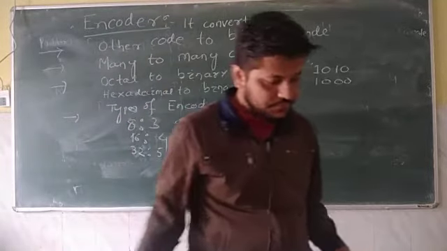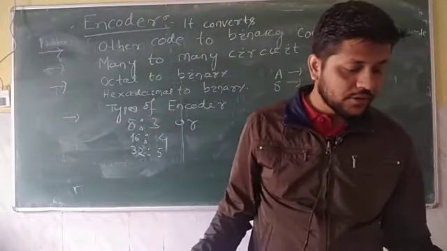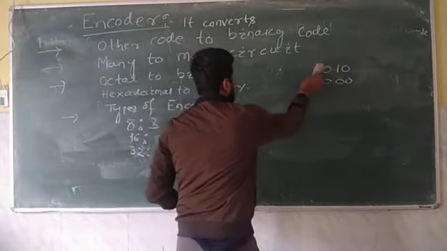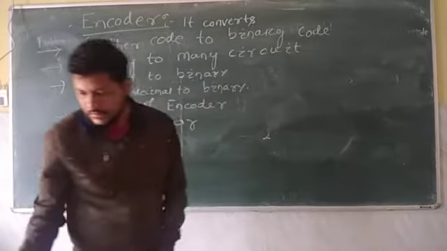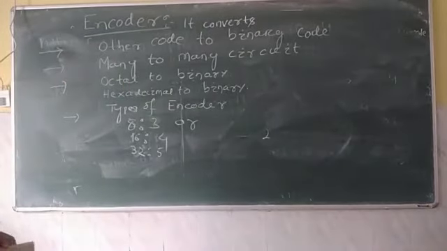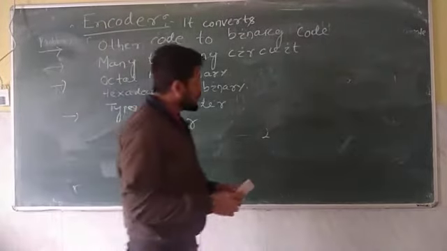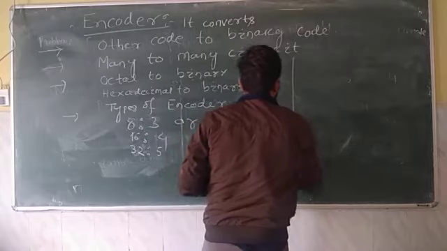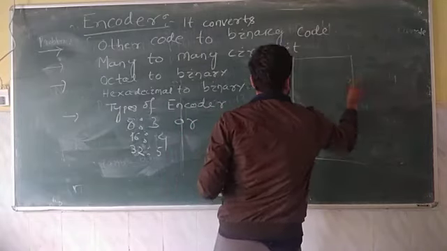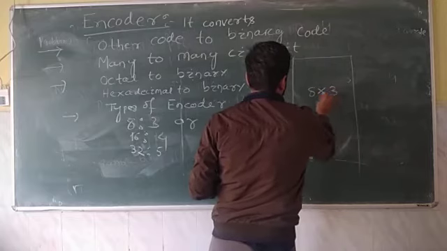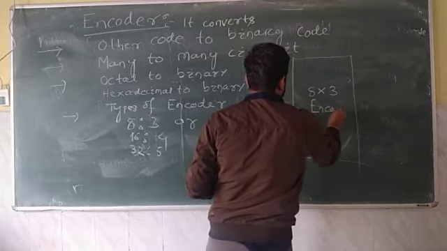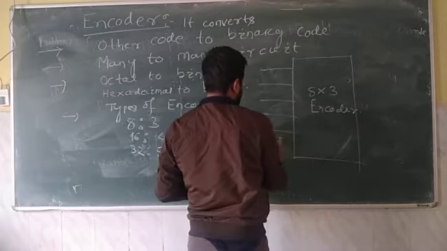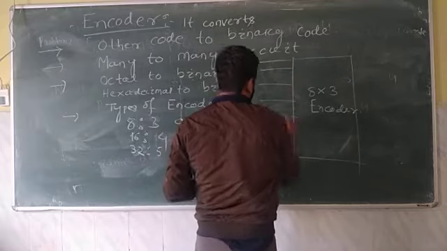So we will see now how the circuit will look like, the 8x3 encoder. You will have 8 inputs, 1, 2, 3, 4, 5, 6, 7 and 8.